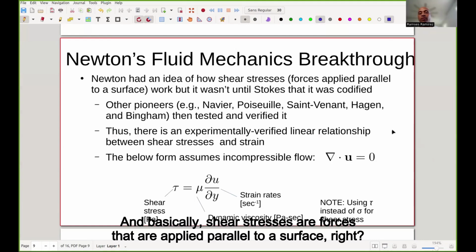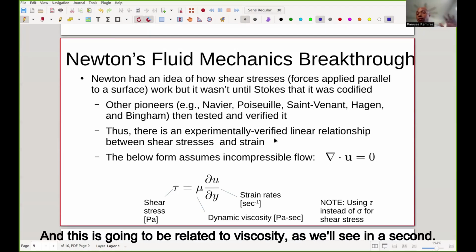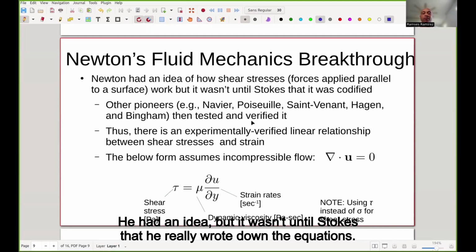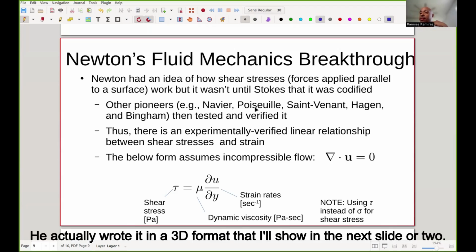Shear stresses are forces that are applied parallel to a surface, that shear along the surface, and this is going to be related to viscosity, as we'll see in a second. But Newton hadn't done this by himself. He had an idea, but it wasn't until Stokes that the equations were really written down, in a 3D format that I'll show in the next slide or two.